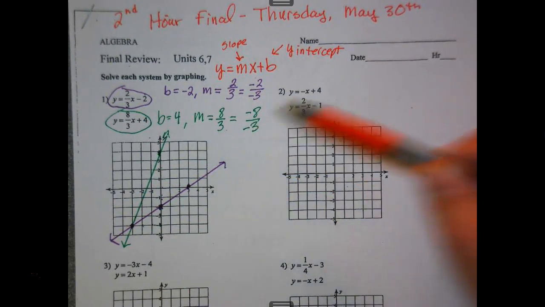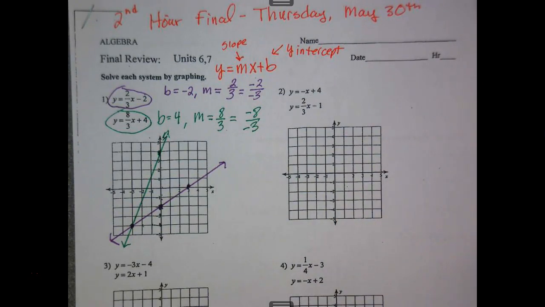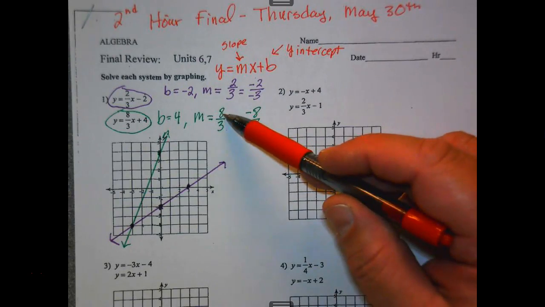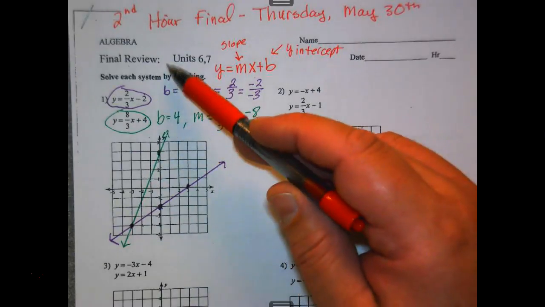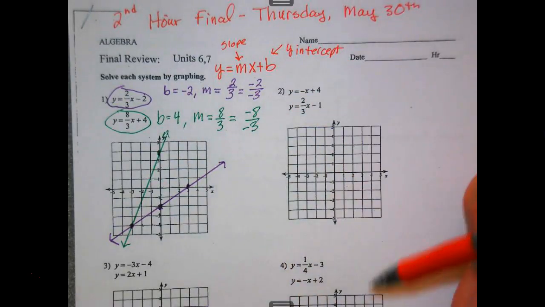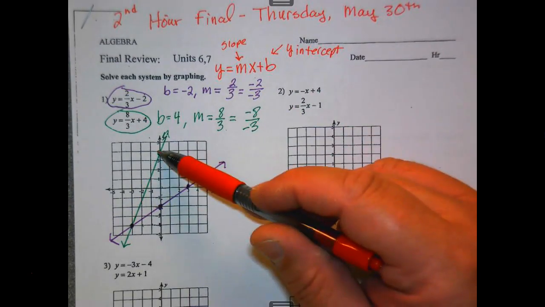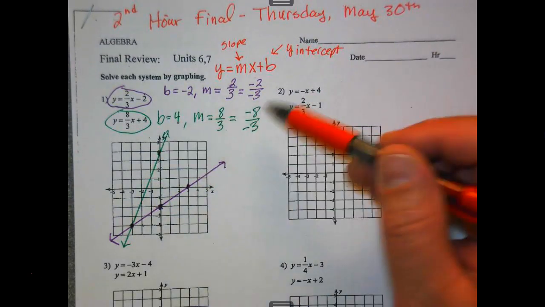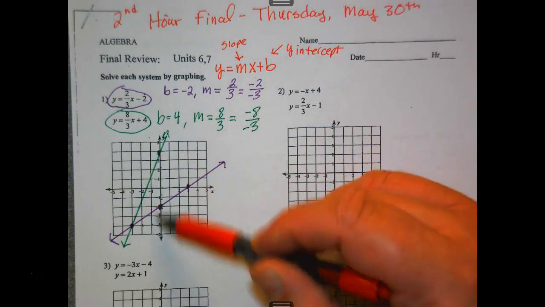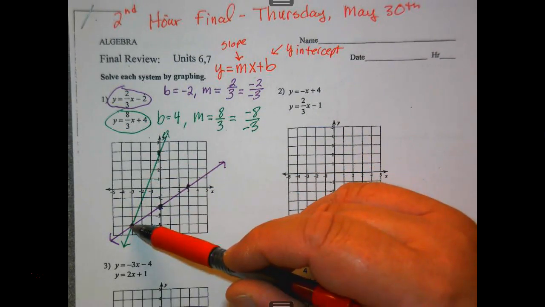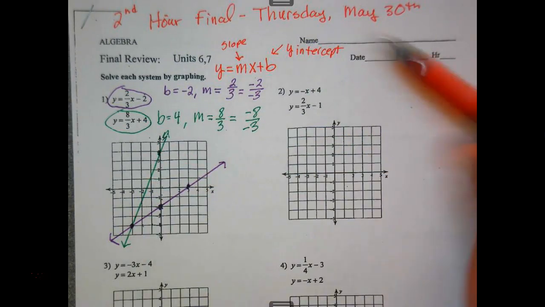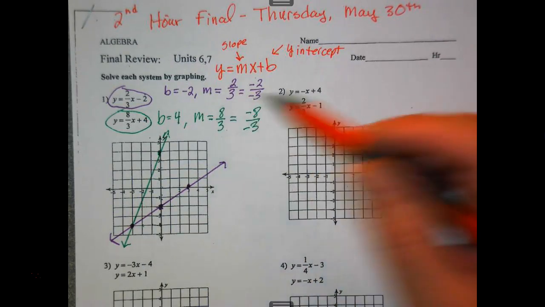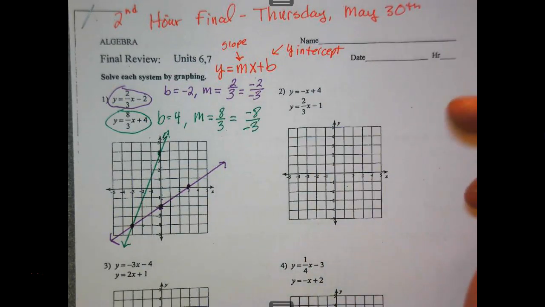Negative, you go to the left. Oh, you mean use this one? Because it'd be way off the graph. This one, from this intercept point of 4, this one I can keep on the graph. I mean, you could, but it would. No.